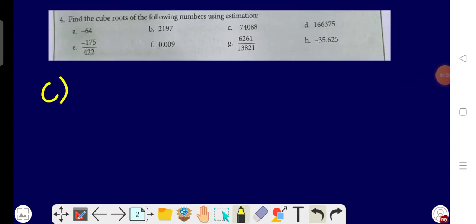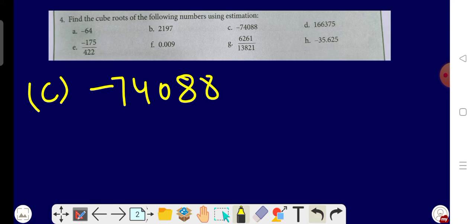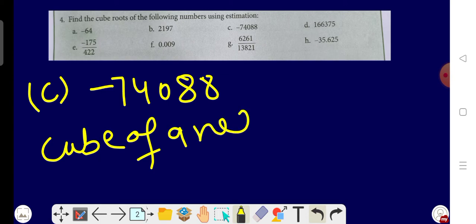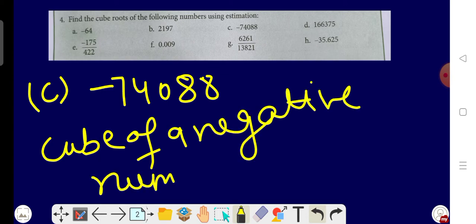C part. What do we have in the C part? Minus 74088. As you all know, the cube of a negative number is negative.